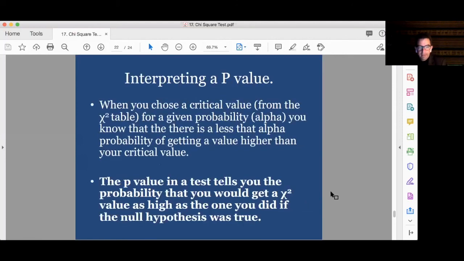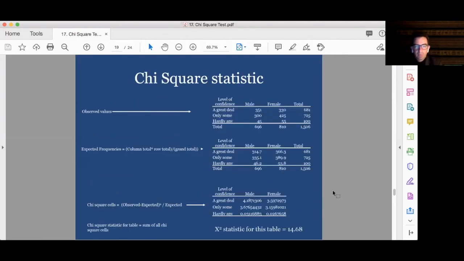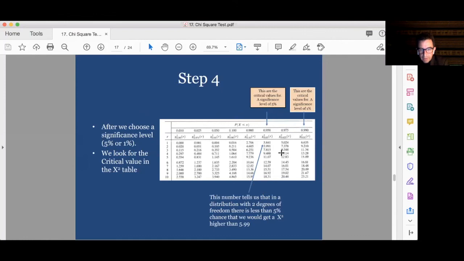Let's look at this one more time. This is how a chi-square statistic is distributed when the tables are coming from a population where there is no relationship. This is the value of the chi-square statistic, and this is the probability that you get a number higher than that, the little one here.